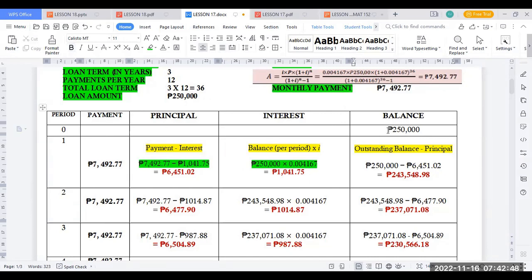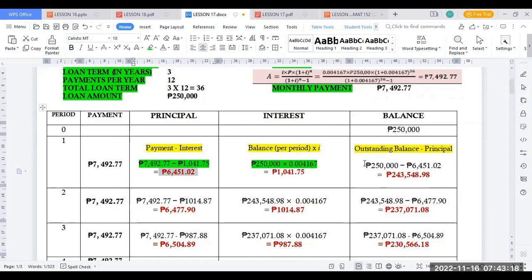Okay, so your balance for the yung loan mo is 250,000. To get the balance, okay, outstanding balance minus the principal. Okay, so the outstanding balance is 250,000. That's the loan amount. Minus the principal is 6,451.02.